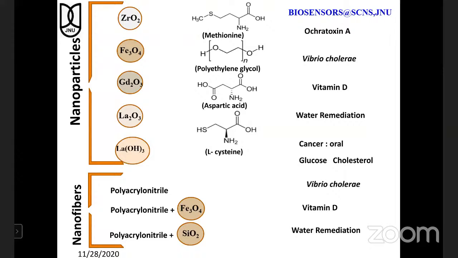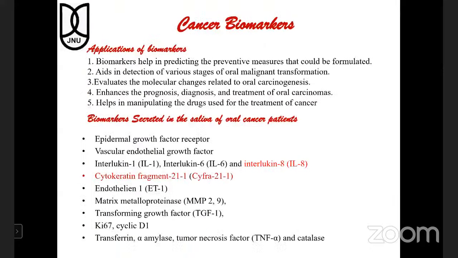And these are the molecules we have used for the functionalization of these nanomaterials. Simultaneously, we have also published some work on the fabrication of nanofibers using polyacrylate. We prepared these nanofibers using an electrospinning machine, and we also embedded the nanoparticles into the polymers, which again provides stability to these fibers.